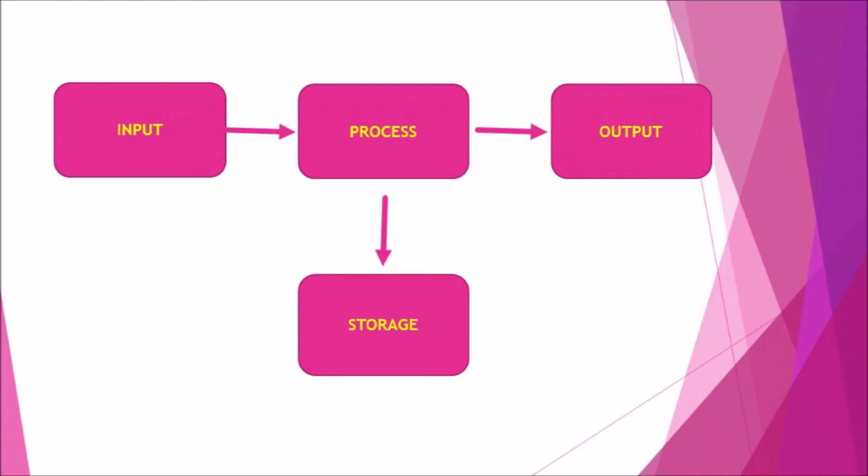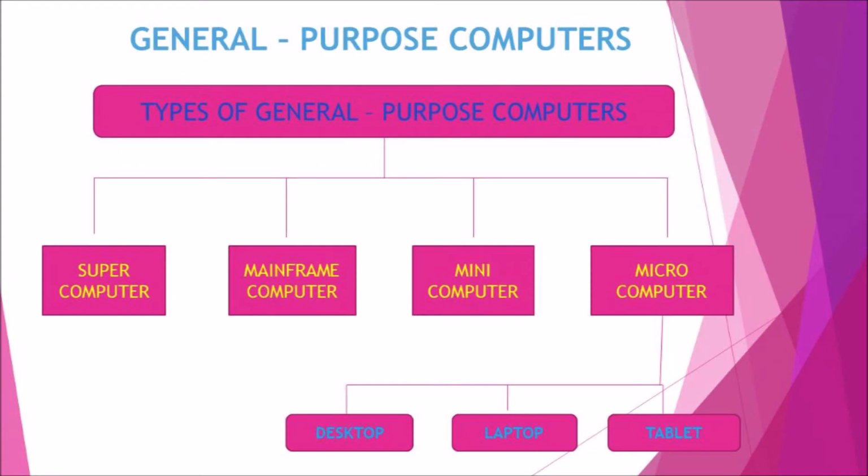We give the data as input, it processes it into useful information, and it produces the information as output. In between, while processing, it stores the data in the secondary storage devices. So we divide the computers into two types: general purpose computers and specific purpose computers.